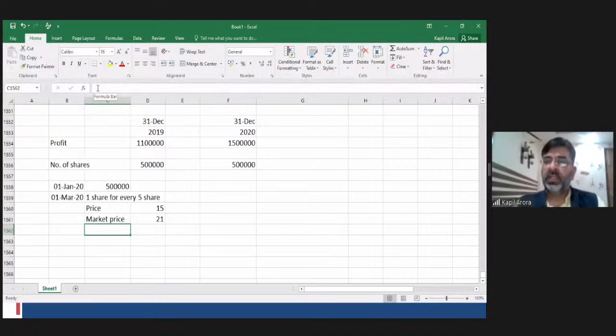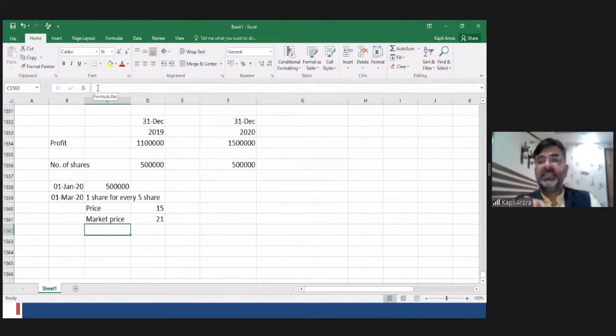Now, in this case, we are giving some sort of bonus, right? We are giving some sort of bonus to the existing shareholders, but the bonus this time is not given in number of shares. Earlier, the bonus was given in number of shares, right? I was giving 1 share for every 2 shares free.